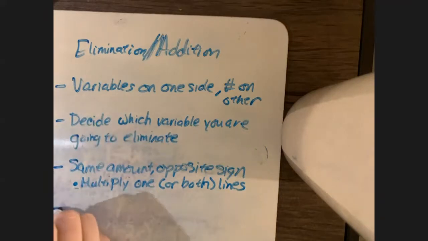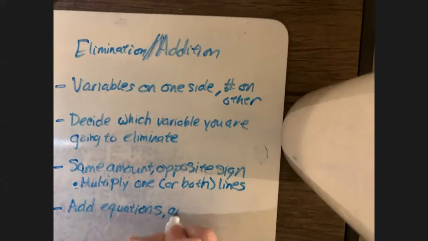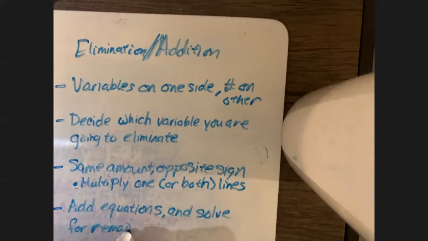Then you're going to add and then solve for the remaining variable. Because once you add the two equations, one letter is going to cancel off. You're going to be left with the other one.